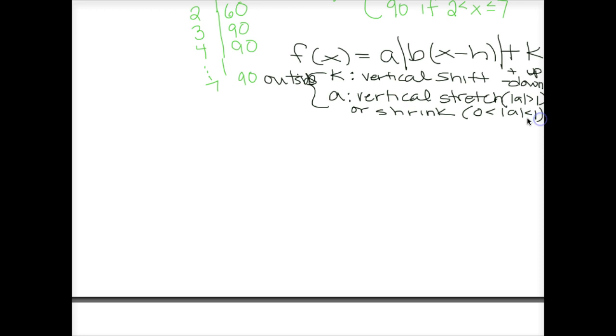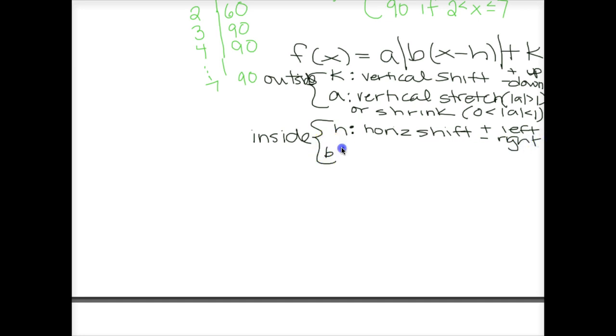Again, you don't necessarily have to memorize these. If you can graph it and then tell whether it's a stretch or a shrink, that's the other way to go as well. Remember that the variables that are inside both control horizontal movement. So H controls your horizontal shift. If it's plus, it's left. And if it's minus, it's right.